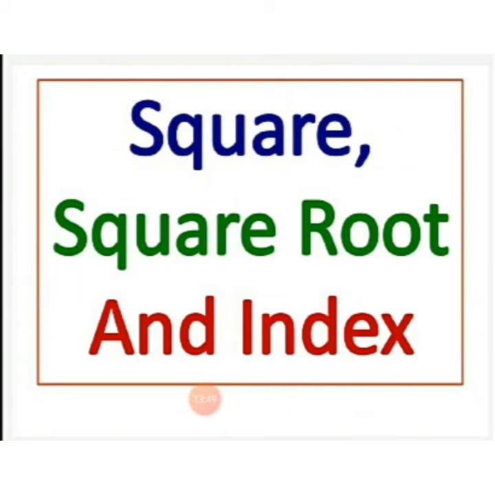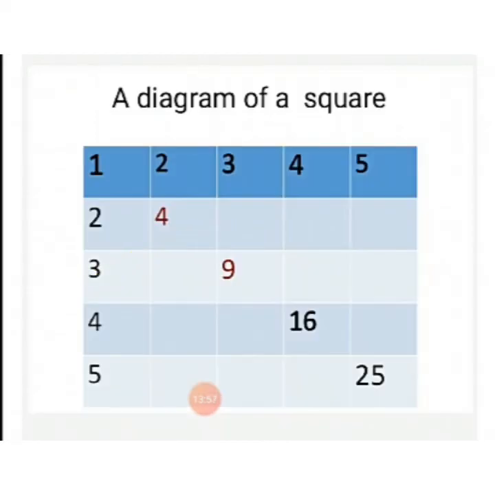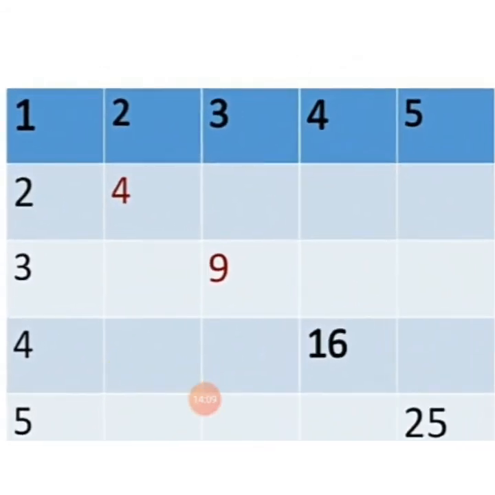Next topic here is square root and index. What is a square? A square has to do with one number multiplying itself once to give a product. That product is called a square. Look at the diagram here. We have here 2 multiplying with itself once.